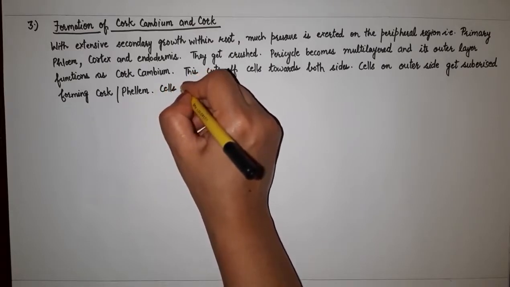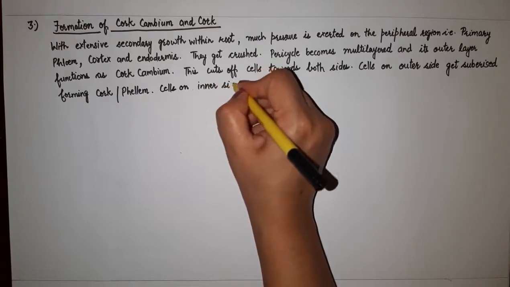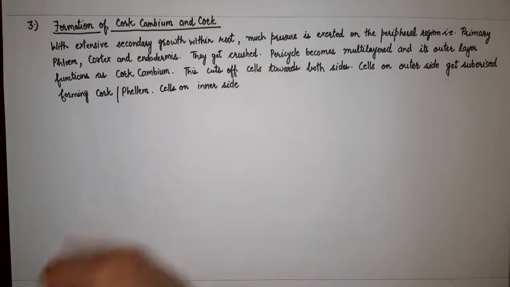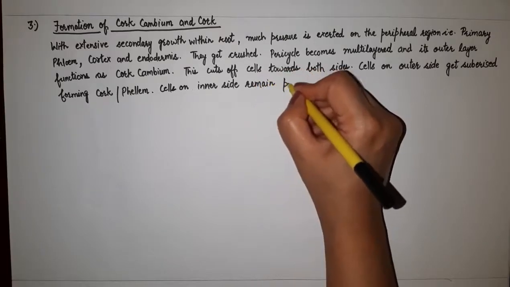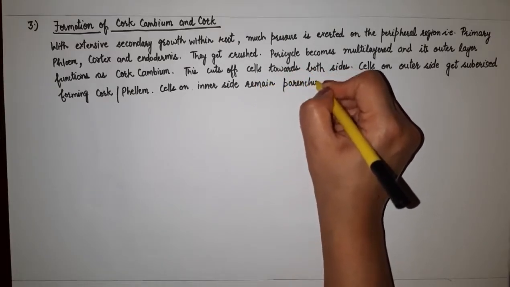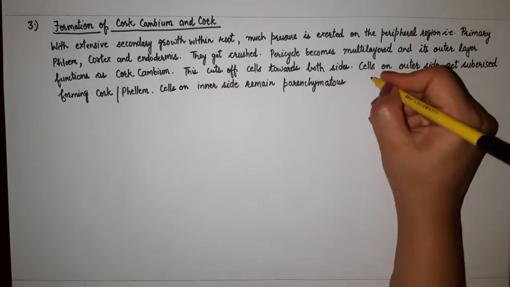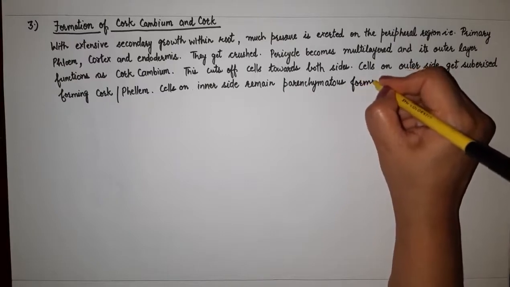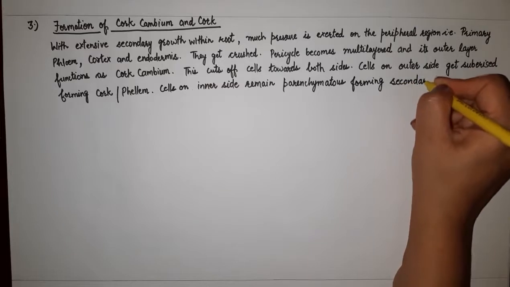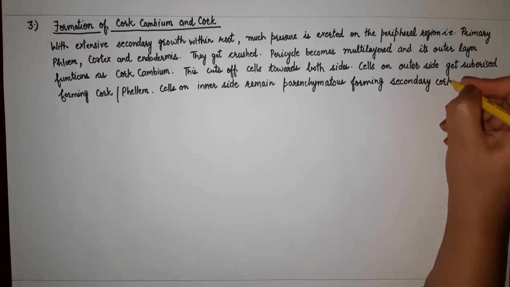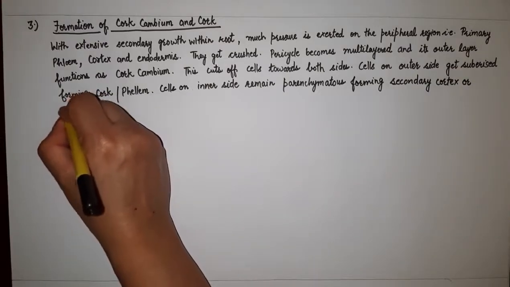Cells on the inner side remain parenchymatous, forming secondary cortex, which is also called phelloderm.